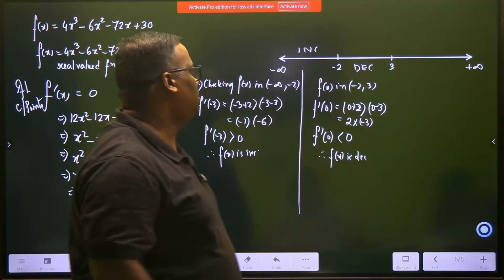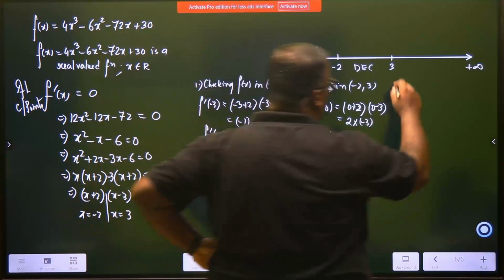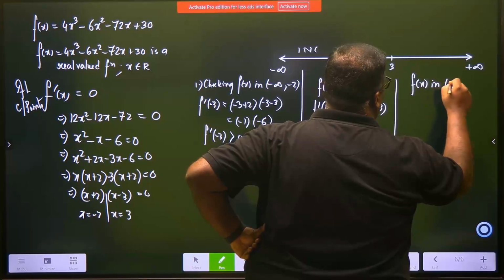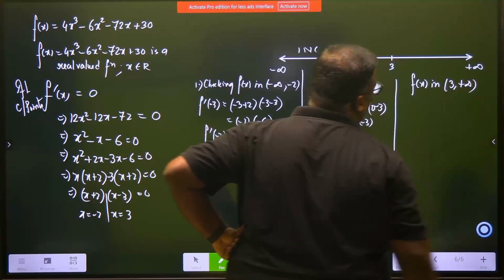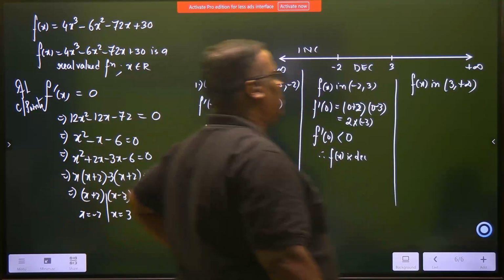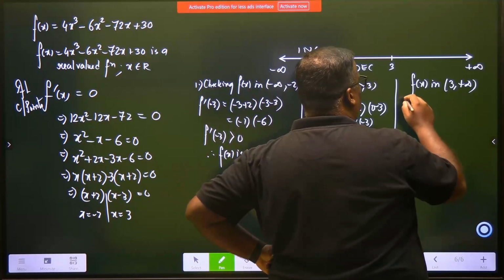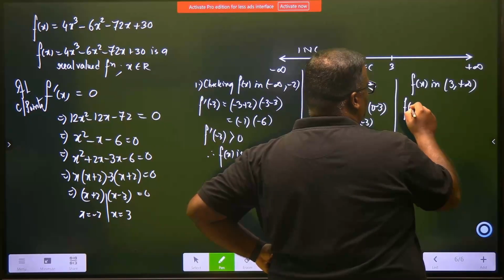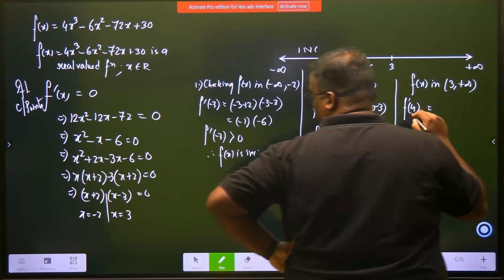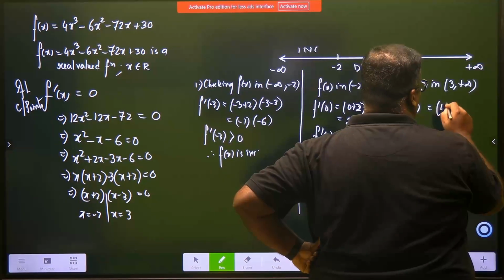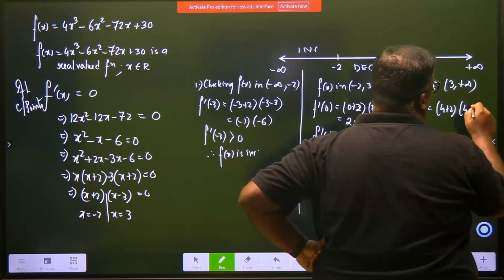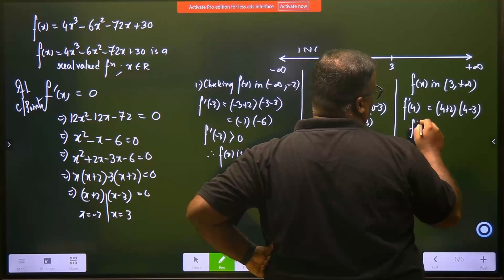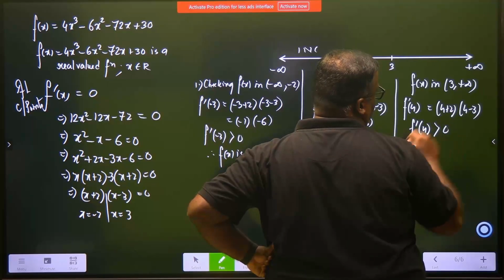Champion baniye aap log. But now you will check f(x) in 3 to positive infinity. So what do we write here? What number would you take? 4. f dash 4 would be 4 plus 2, 4 minus 3. 4 plus 2 and 4 minus 3 means f dash of 4 is greater than 0.